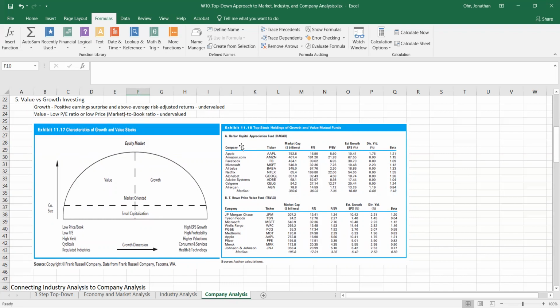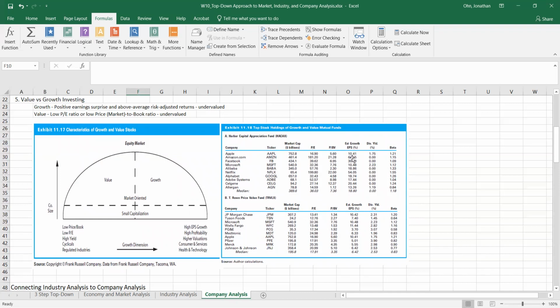The Harbor Capital Appreciation Fund is the growth fund, and the T. Rowe Price Value Fund is the value fund. Now, as you see, compare the P/E ratio. This value fund has a very low P/E ratio compared to the growth fund, right? Price to book value is also quite a bit lower than this one here. On average.